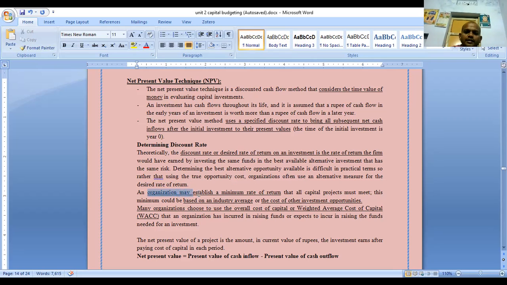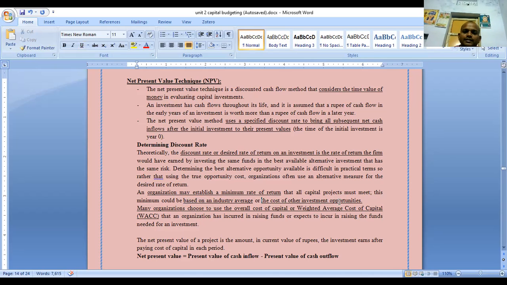An organization may establish a minimum rate of return that all capital projects must meet. This minimum could be based on an industry average or the cost of other investment opportunities. Many organizations choose to use overall cost of capital or weighted average cost of capital.